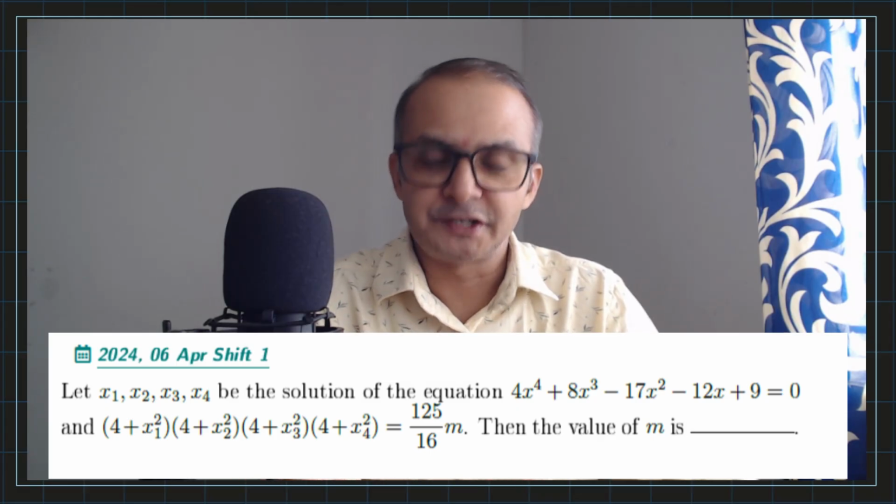And tradition tells us to apply the rational root theorem, if we know the technique, find the actual roots of this equation and plug these values of roots into the expression.